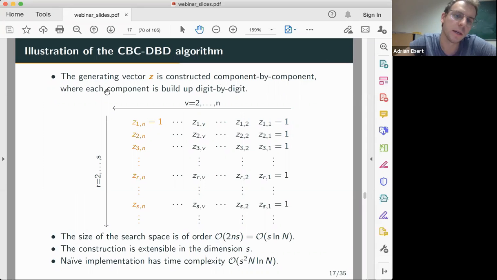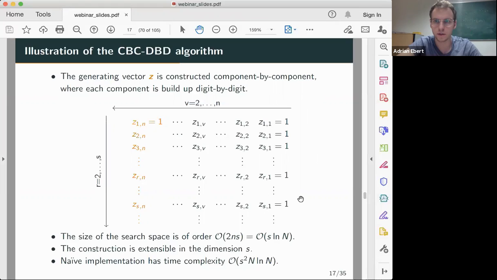Like I said, the generating vector Z is constructed component by component, and each component is built up digit by digit. After the first component is just set to be 1, we set the first bit of the next component, do this optimization to set all bits of the particular component, and then move on to the next, and so on.